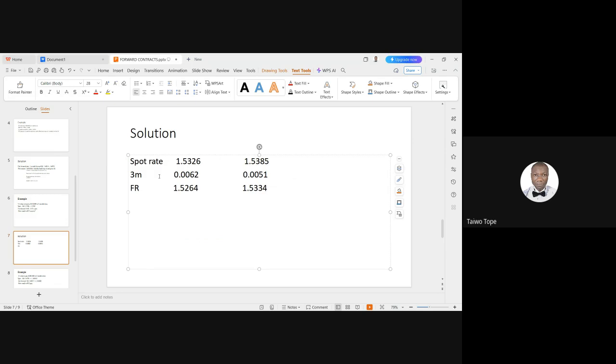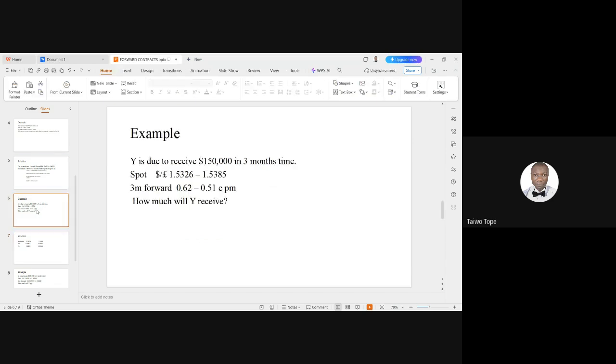So based on this question, you can see clearly that the dollar-pound quote shows that £1 is equivalent to $1.5326, and also £1 is equivalent to $1.5385.